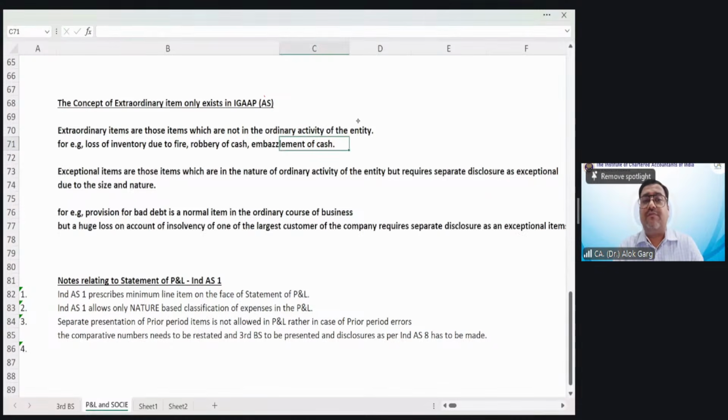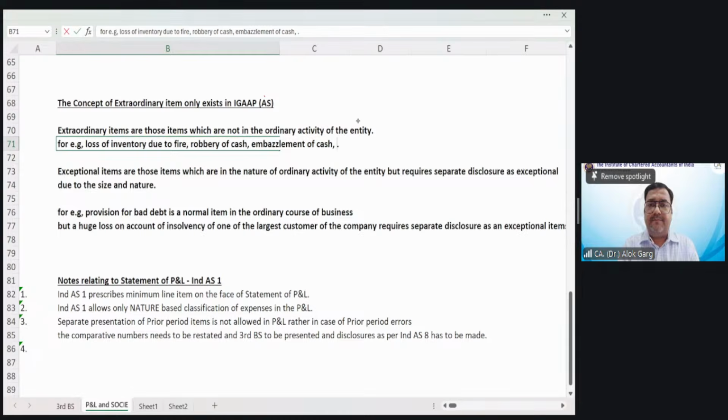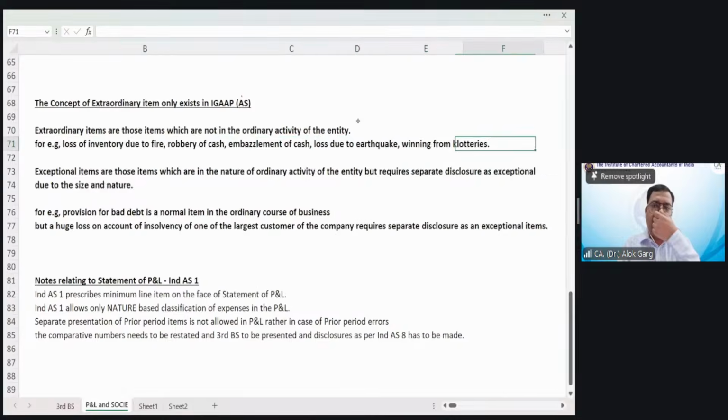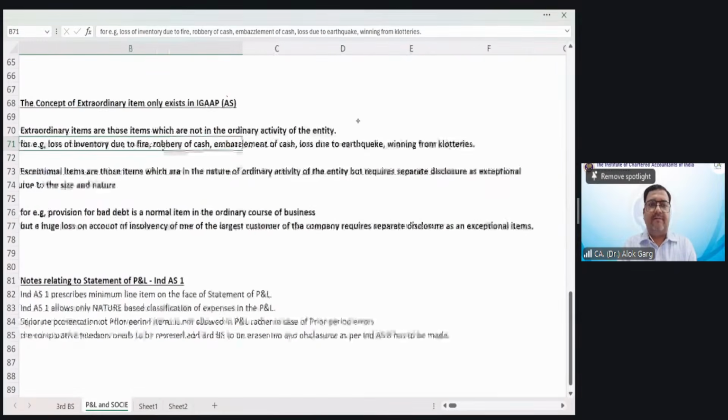For example, loss of inventory due to fire, robbery of cash, embezzlement of cash, loss due to earthquake, winning from lotteries, etc.